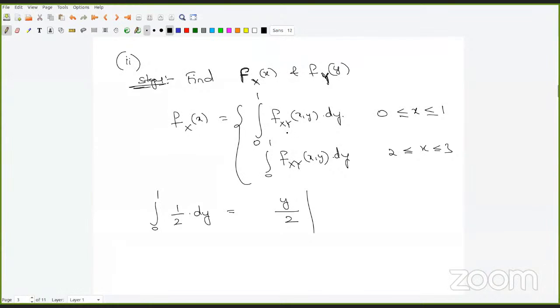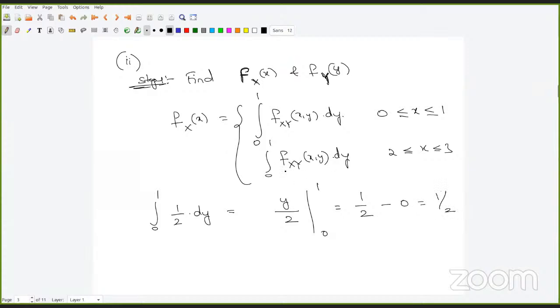In this region, our fxy of x comma y will be half. That we got from part 1 of this question. If you integrate this, it will be y by 2 with limits 1 and 0, which is half minus 0. So this is half.